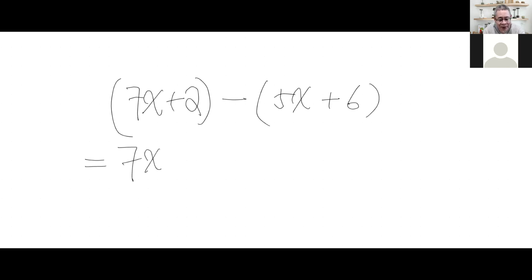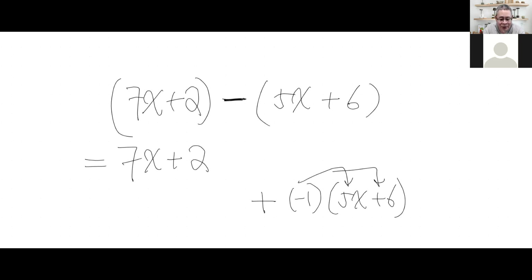But when we have minus here, that is the same as adding -1 times 5x plus 6. So that one got distributed. So now we got minus 5x here, and minus 6 here. Then, of course, we combine them, we got 2x minus 4.